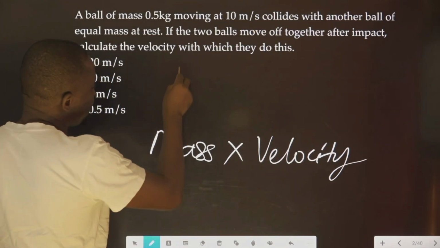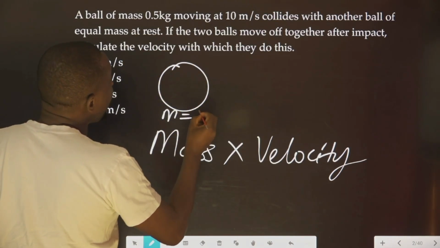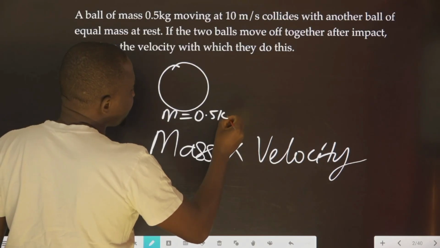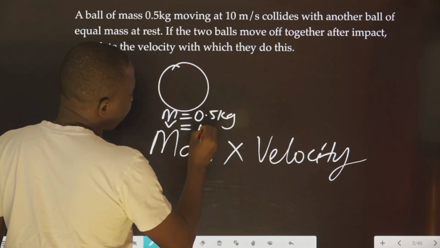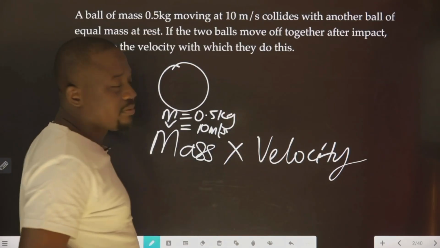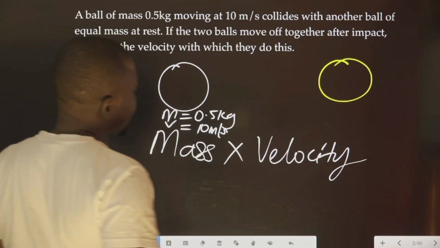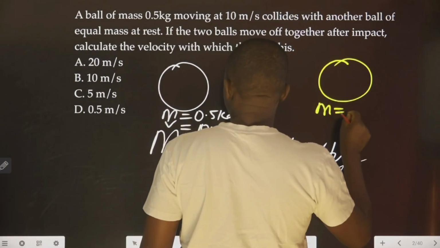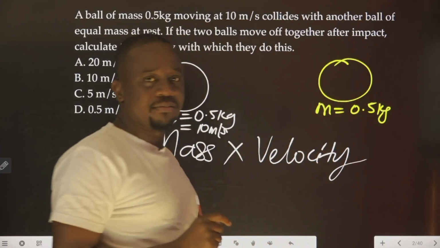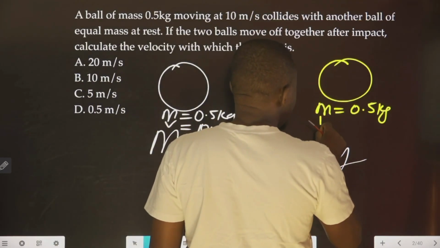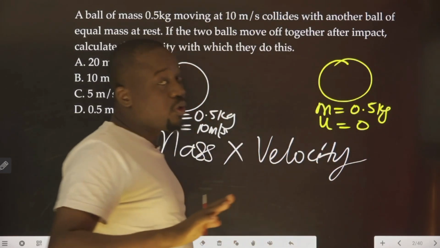This first ball, the mass is 0.5 kg, and the velocity is 10 meters per second. The second ball, equal mass, it means this one has M equals 0.5. But because this was at rest, it means this is 0. It was not moving.